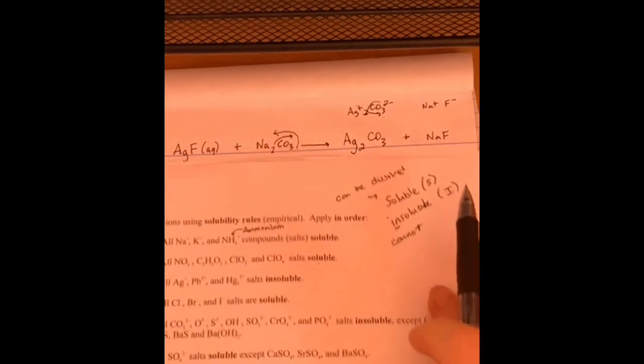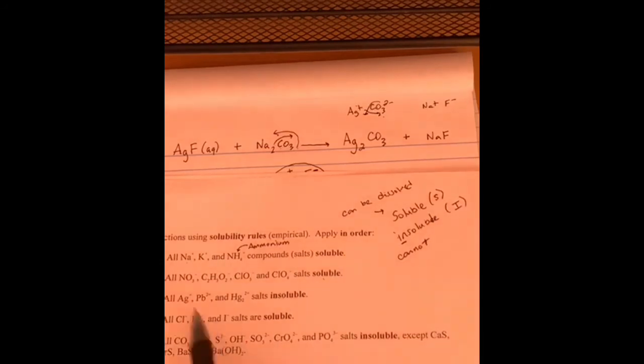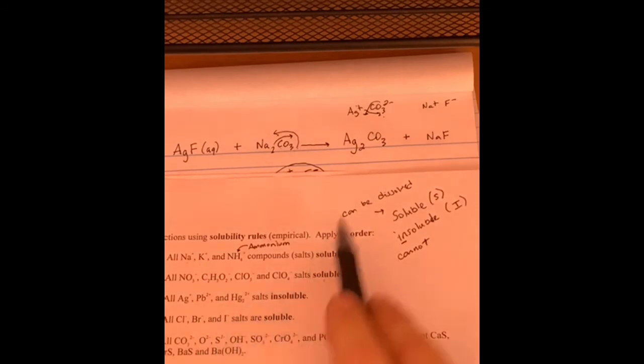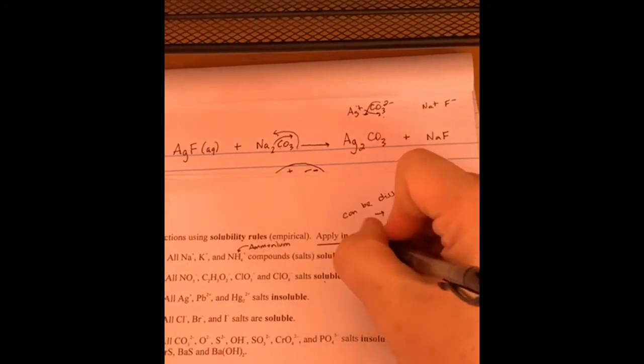Okay, Ag2CO3. So Ag is right here. All silver, lead, and mercury salts are insoluble. CO3 is right here. Because of rule 3, remember this says being applied in order. Because rule 3 is higher than rule 5, this one is going to win out.